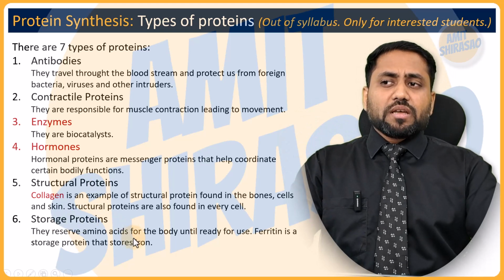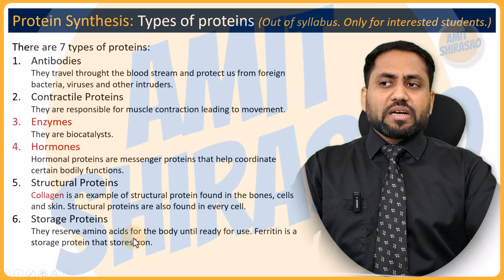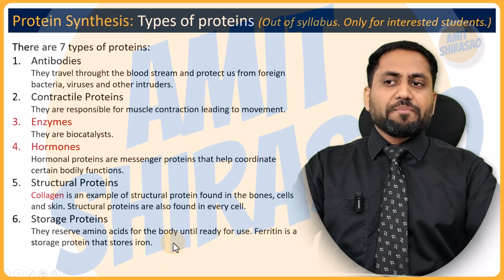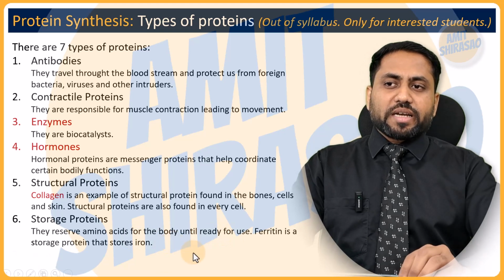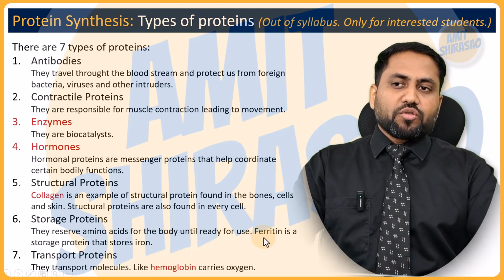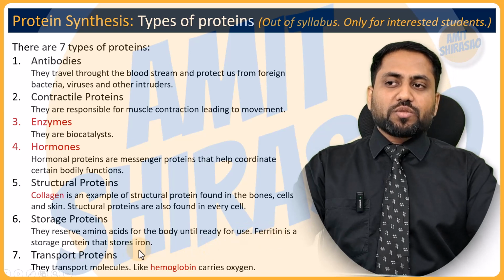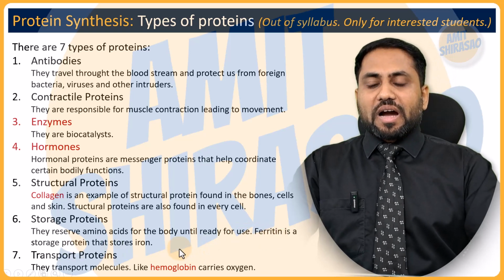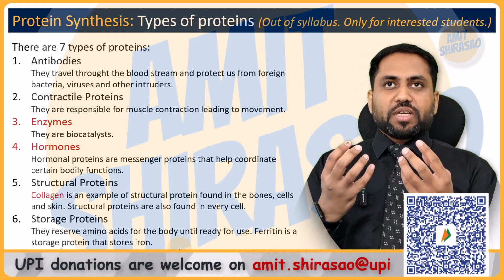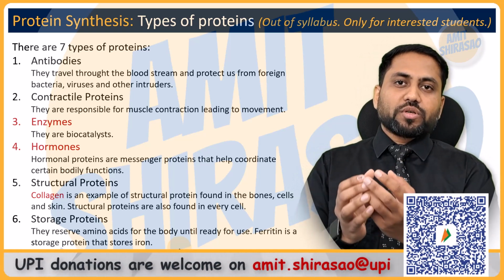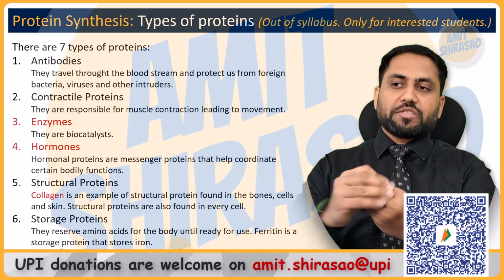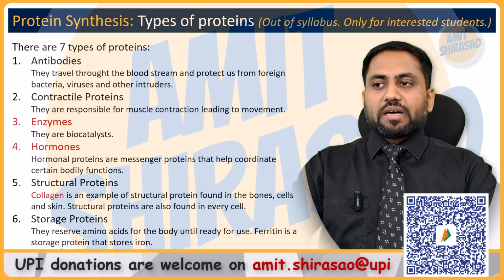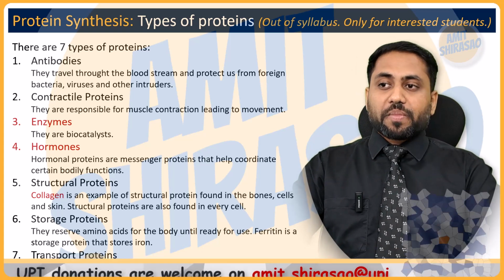Storage proteins, they reserve the amino acids in the body until ready for use. So ferritin is a storage protein which stores iron. So basically, whenever we have to store any nutrients, that is also done using storage proteins. And then transport proteins.